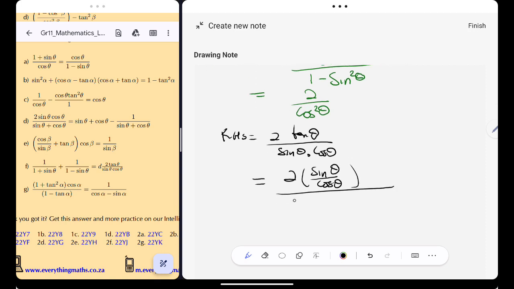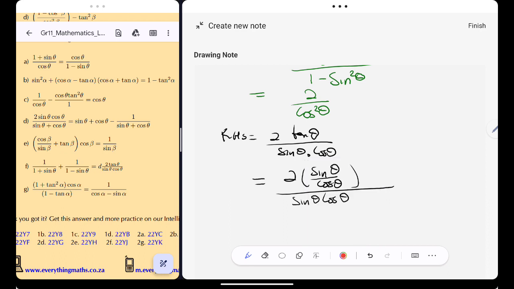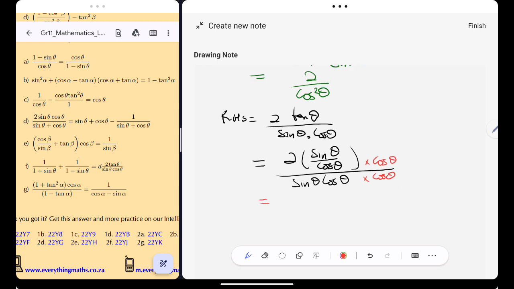This thing is all divided by sine theta cos theta. Whenever I'm dealing with fractions, guys, I don't want to have a fraction within a fraction. I want to have whole numbers divided by whole numbers.